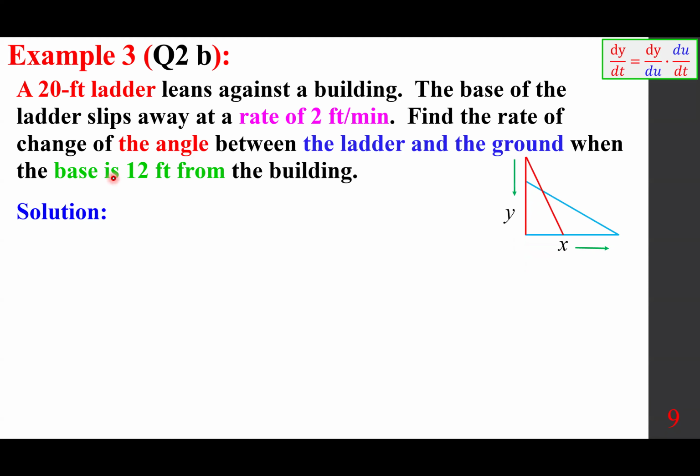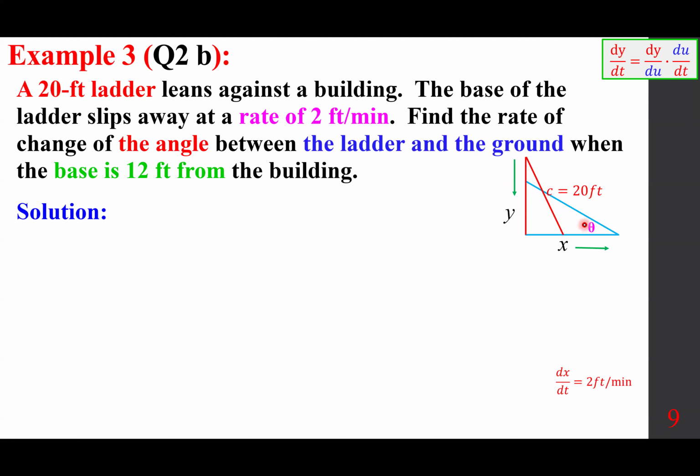And now as it comes down, it has a fixed hypotenuse of 20 feet. This is the angle between the ladder and the ground. We could have asked for this one, okay? So pay attention, this part you got to read to see which one they are referring to. This angle is changing.